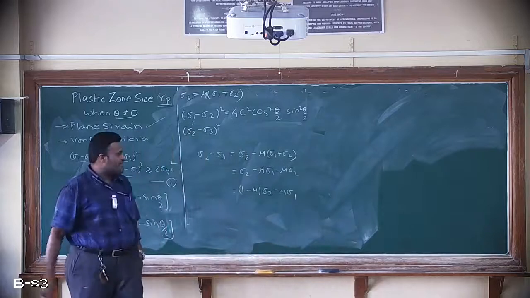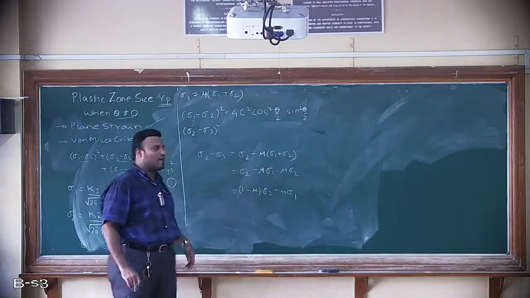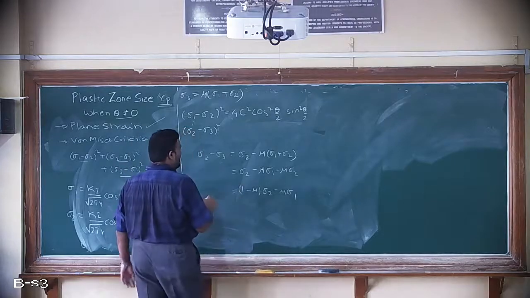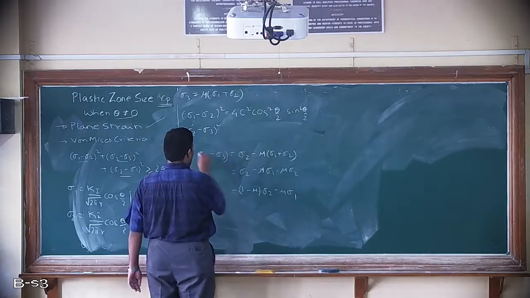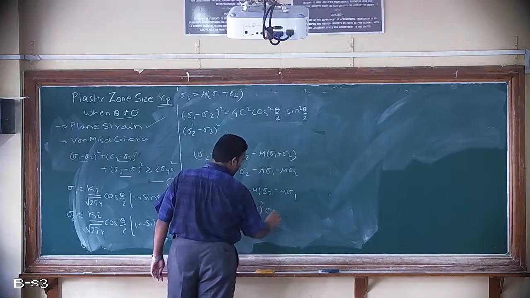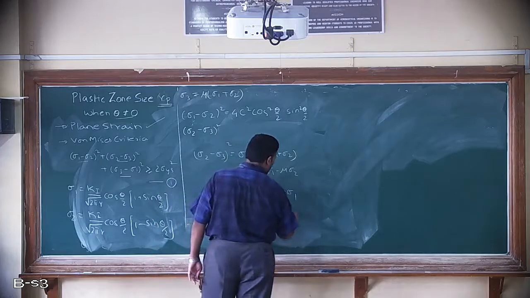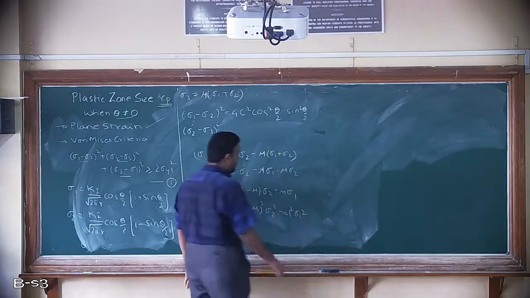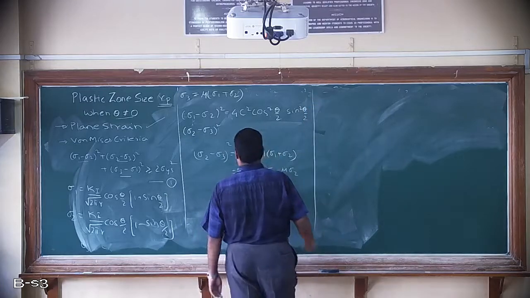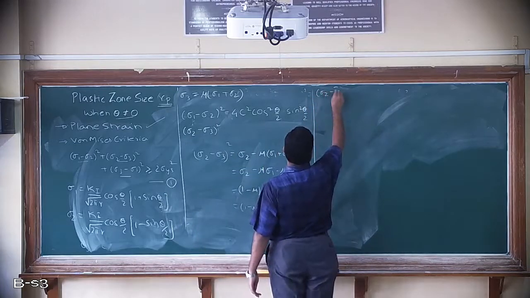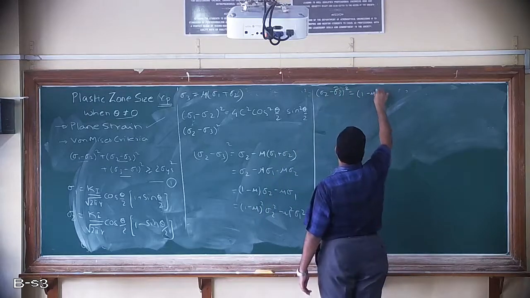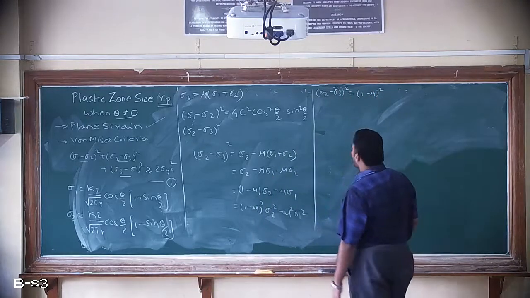Now I have the expression for sigma 2 and sigma 1. So I'll substitute it over here. That is, if I square this, this becomes 1 minus mu the whole square into sigma 2 square minus mu square into sigma 1 square. Clear? So I can take this as sigma 2 minus sigma 3 the whole square as 1 minus mu the whole square. And what is sigma 2 square?